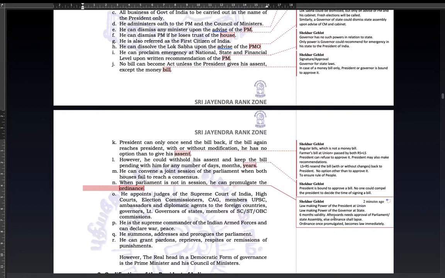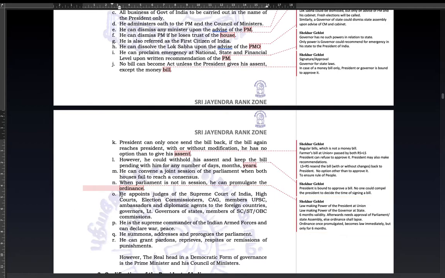Okay, when an ordinance is promulgated by the president or the governor, it becomes law immediately, but only for 6 months. After those 6 months, either the state assembly or the parliament will have to approve it, otherwise the ordinance will lapse or the law will be set aside.